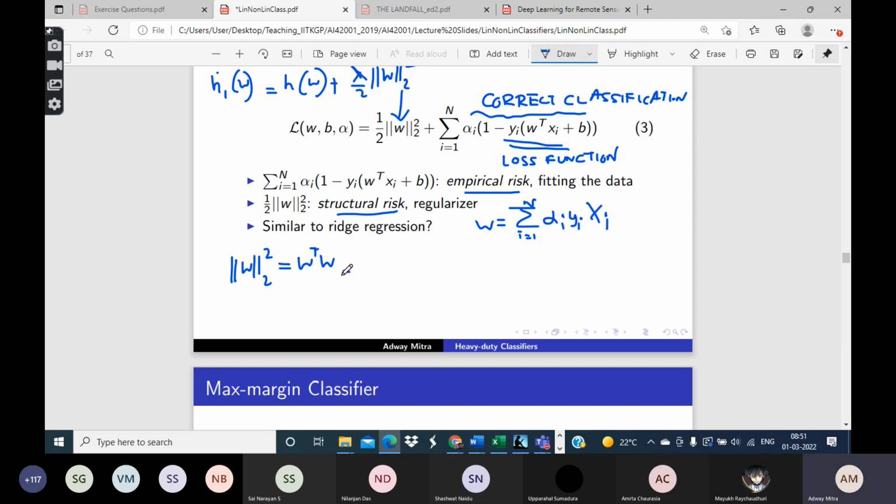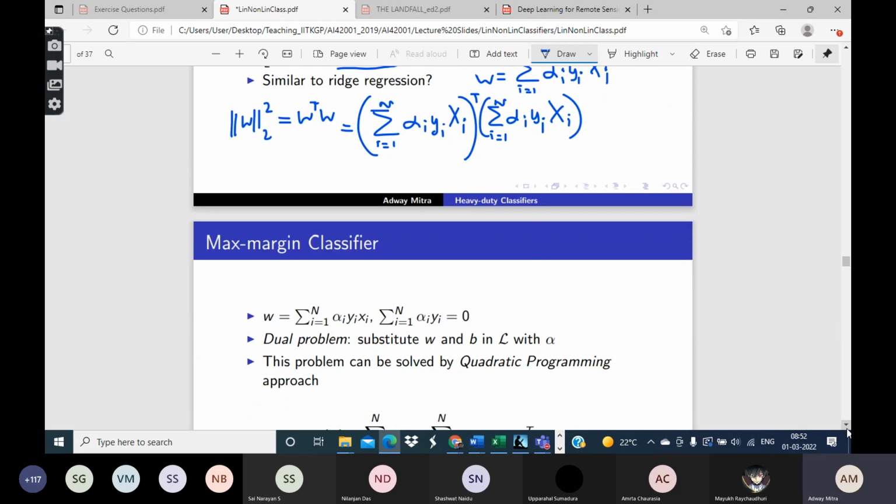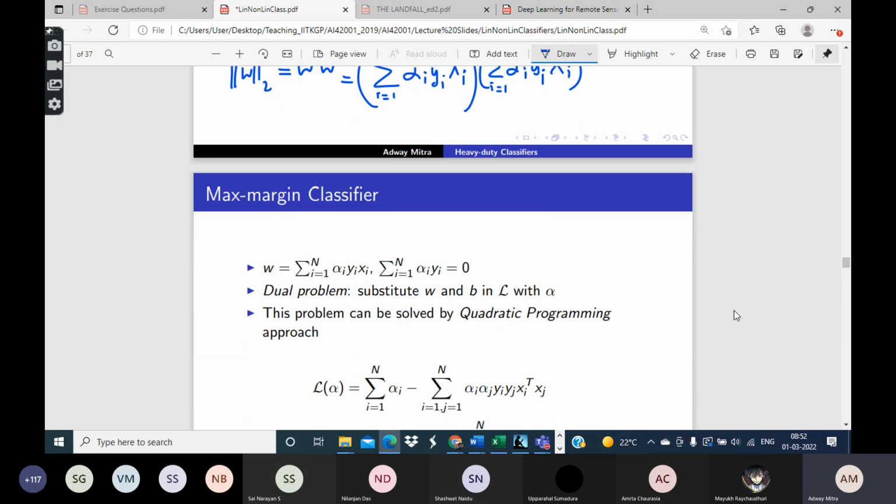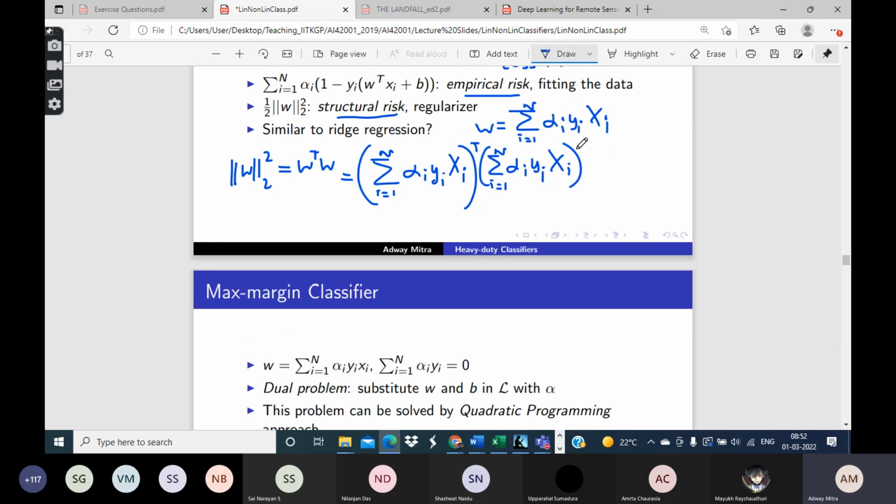So W transpose W, I will write as the summation of alpha I yi xi, transposed. Now once I write it, it will become a bit messy expression.